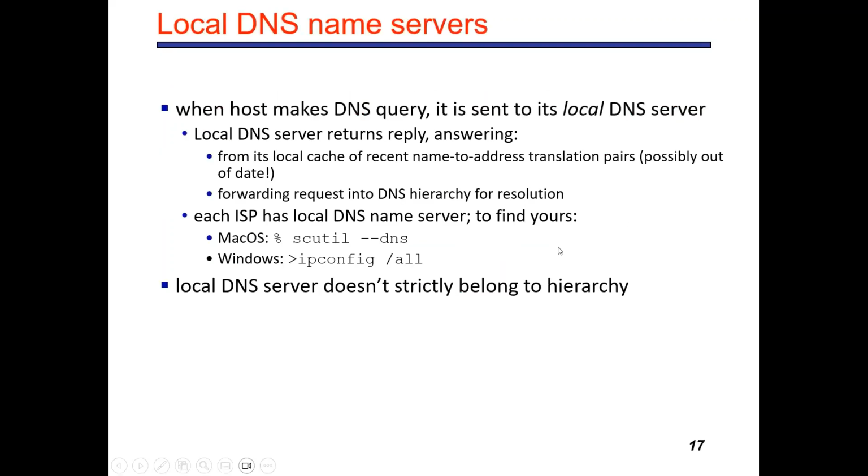As I mentioned, in this hierarchy the local DNS server is missing, but usually every organization has its own local domain name server as well. So whenever the host makes a DNS query, it is first sent to the local DNS server. And these local DNS servers will return the reply for this name to IP resolution from the local cache.